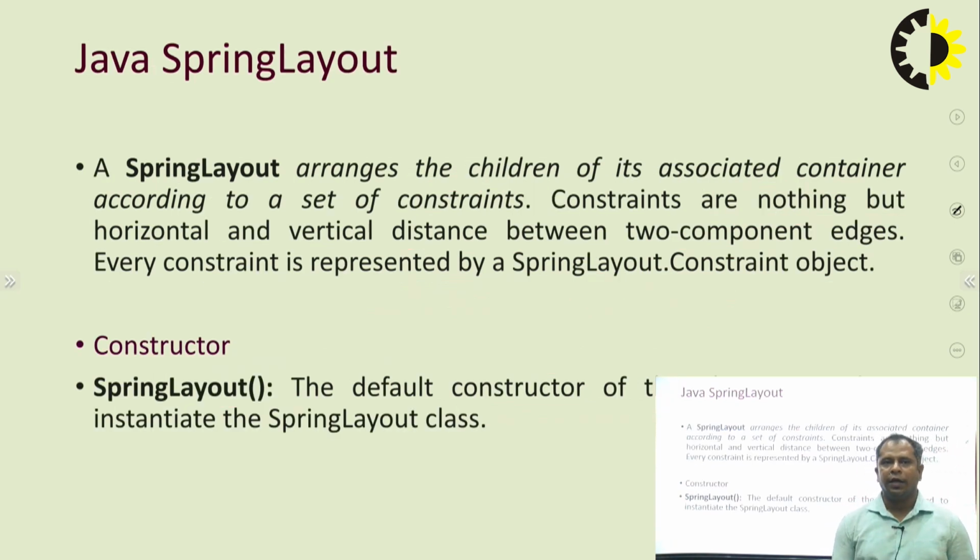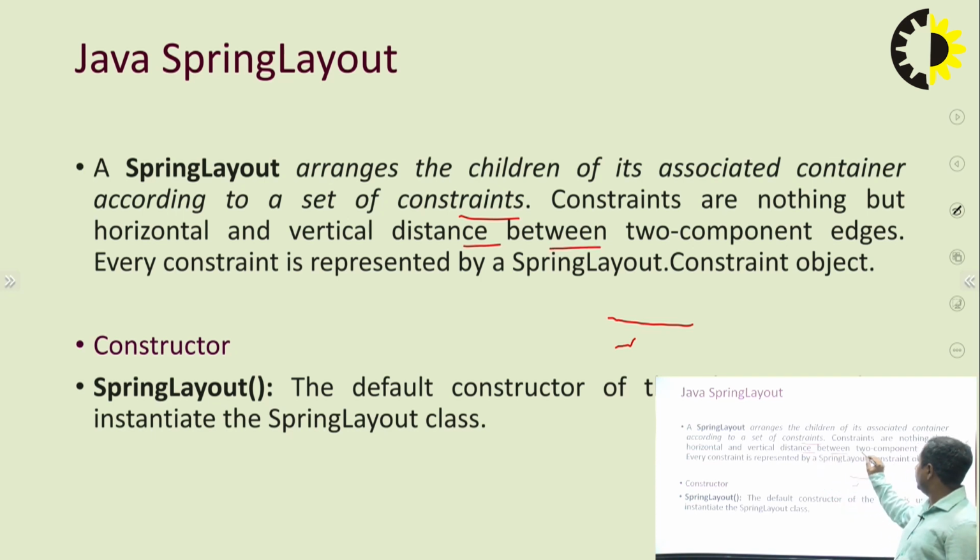A Spring layout arranges the children of its associated container according to a set of constraints. Constraints are nothing but horizontal and vertical distance between two components, and every constraint is represented by a Spring layout constraint object.